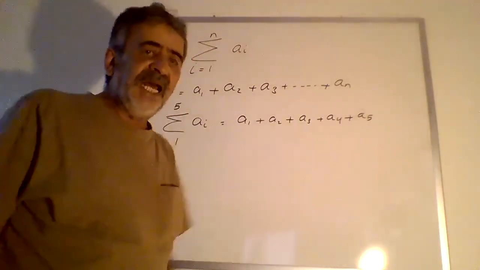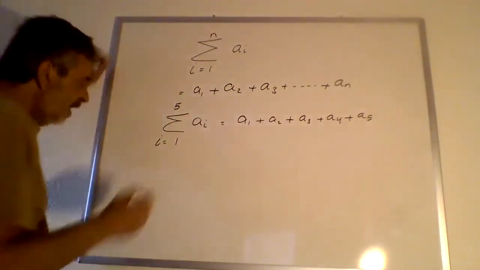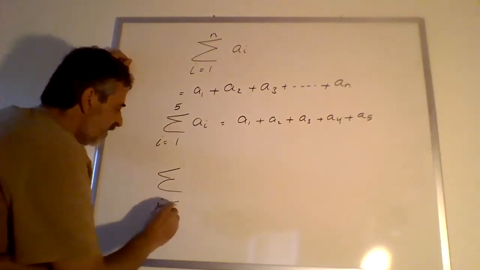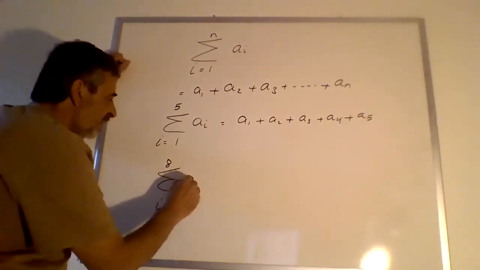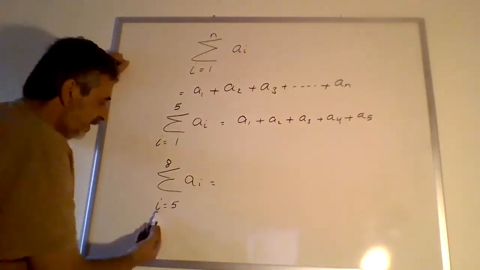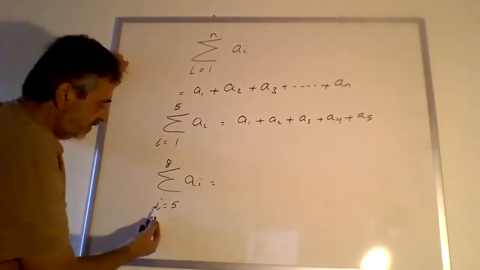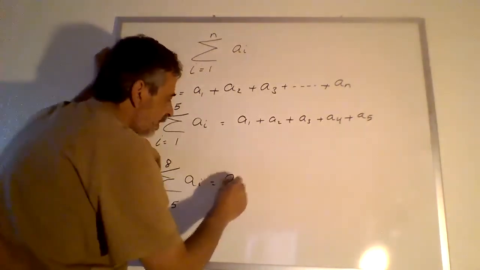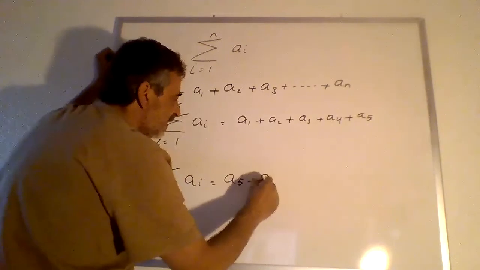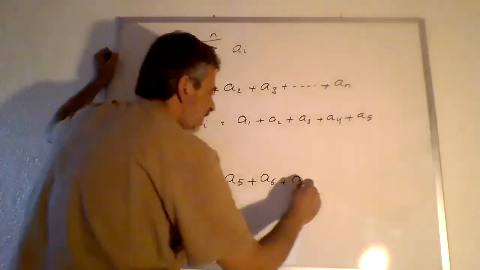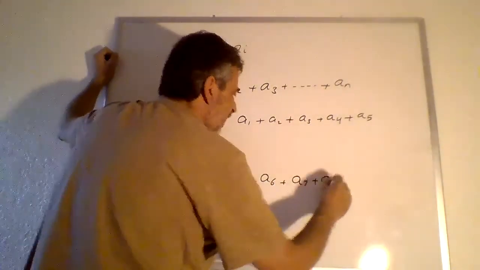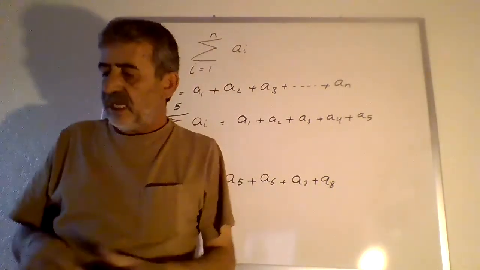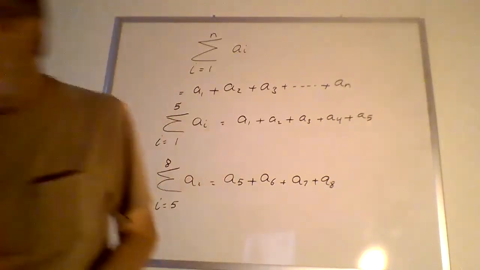Or we could say summation i equals 5 to 8 of a sub i. Now again, here i doesn't start at 1. It starts at 5. So it's going to be a5 plus a6 plus a7 plus a8. a8 is the last number, so I will stop at a8. And this is basically how we write the summation.